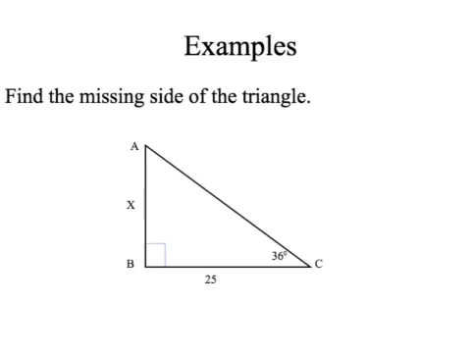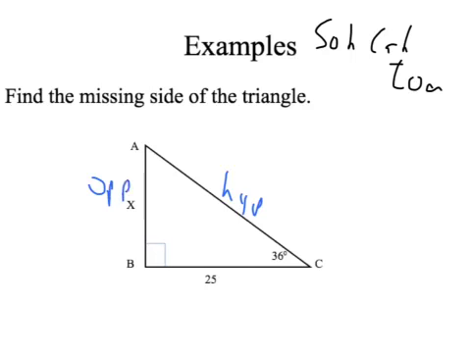So for example 1, I'm going to write SOHCAHTOA at the top just so we can reference it. I now want to label my sides so I know which sides I'm working with. Right? If I go opposite the right angle, I'm at my hypotenuse. If I go opposite the angle, I'm at the opposite side, which means the 25 has to be the adjacent side.